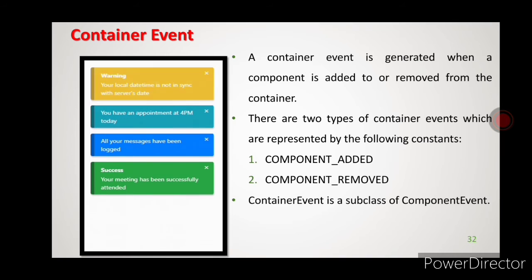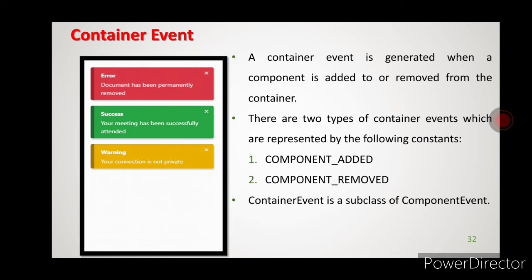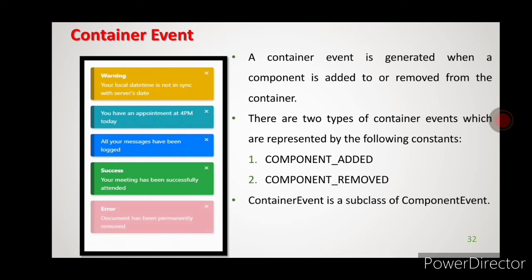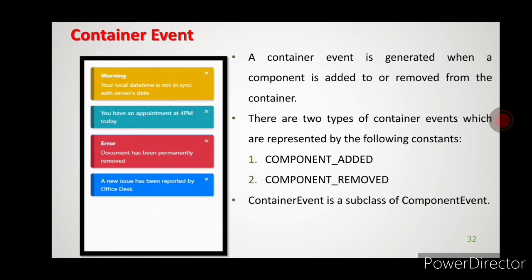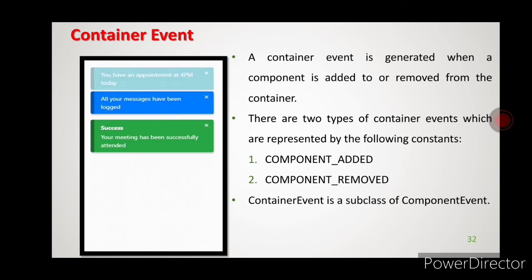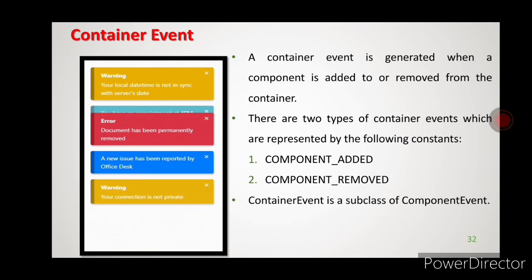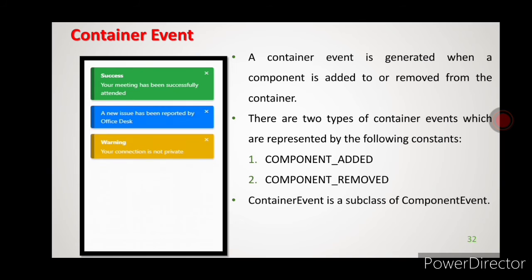There are two main types of container events which are represented by using the following constants. The first one is component added, the second one is component removed. In the component added event, we can add components like buttons, text boxes, check boxes to the containers.